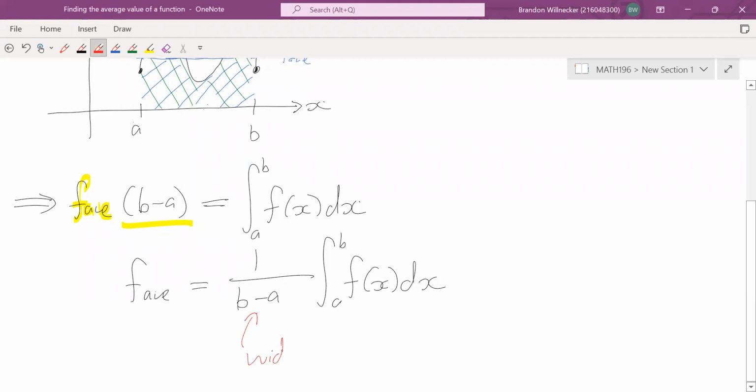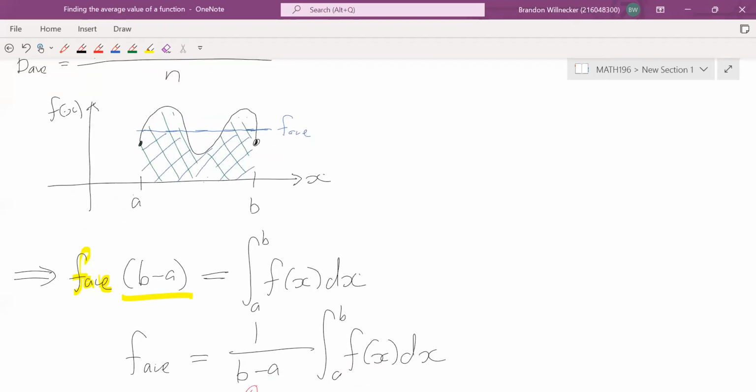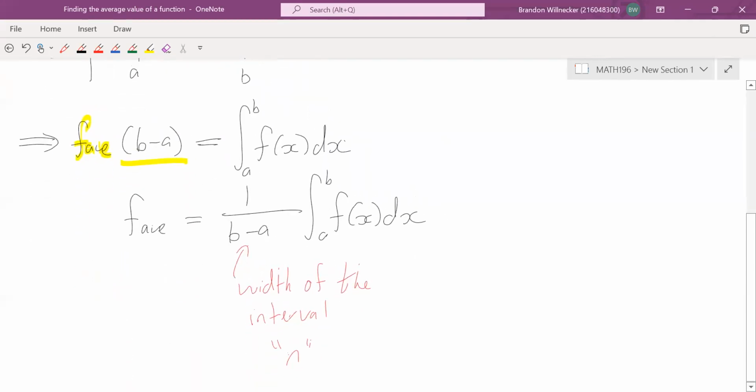So this is the width of the interval. We can think of this as n, like the number of terms that there are. We don't have an exact number of terms, again, because it's continuous from a to b, but that acts as if it were the number of terms.